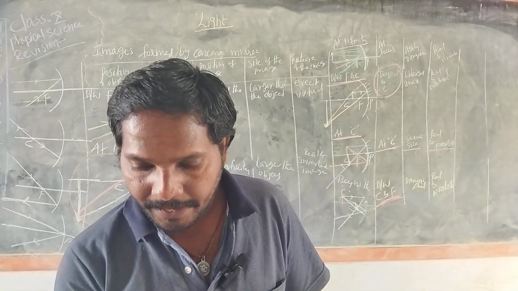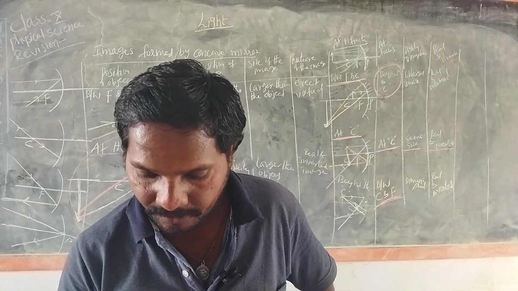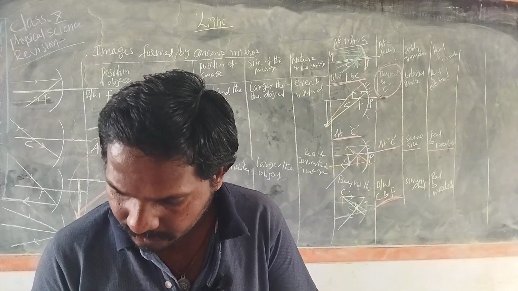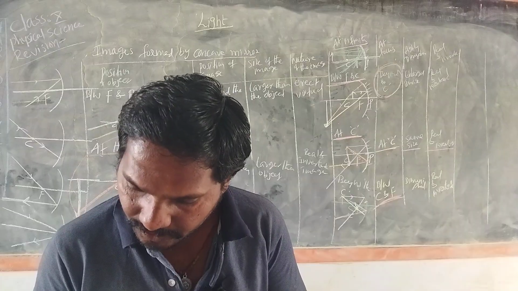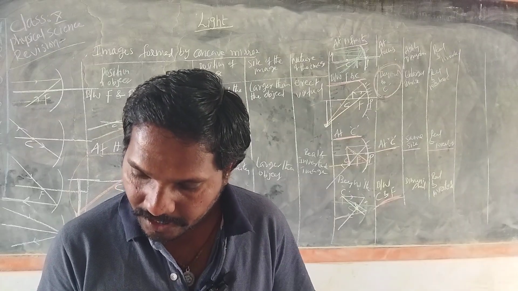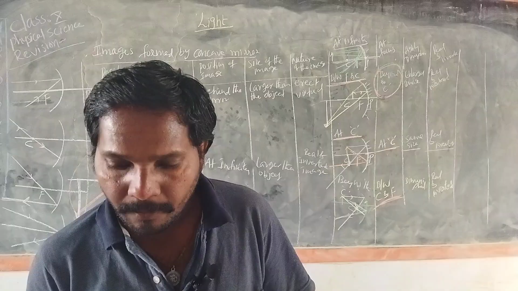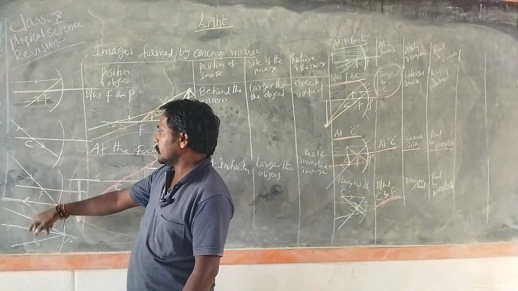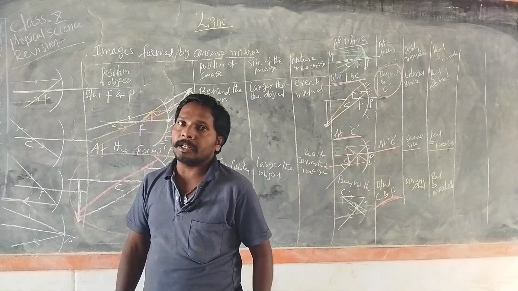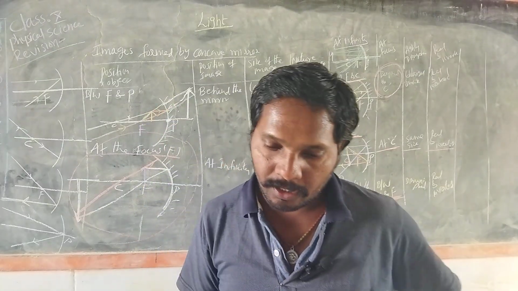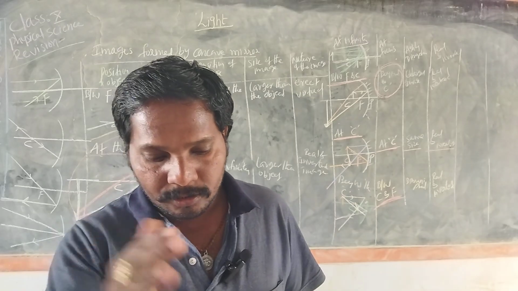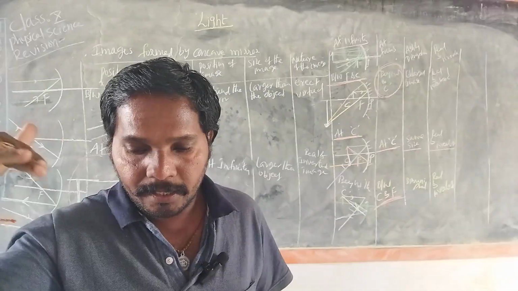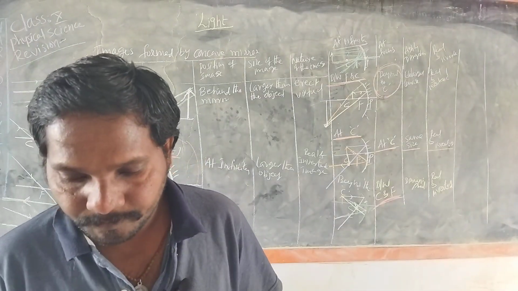We discussed: when the light ray passes through the center of curvature, it is reflected along the same path because it strikes the mirror normally or perpendicularly. So when the light passes through the center of curvature of the mirror, after reflection, it is reflected back along the same path.